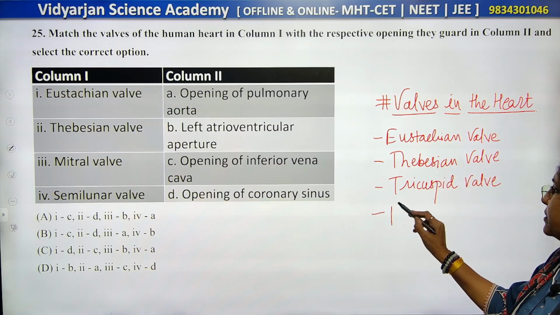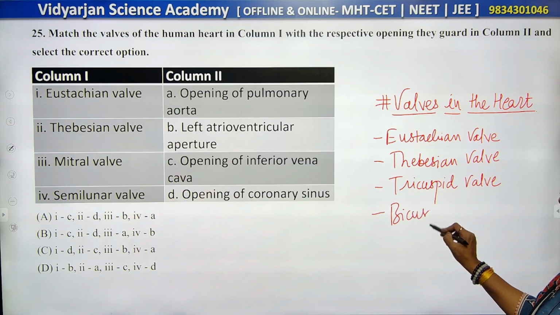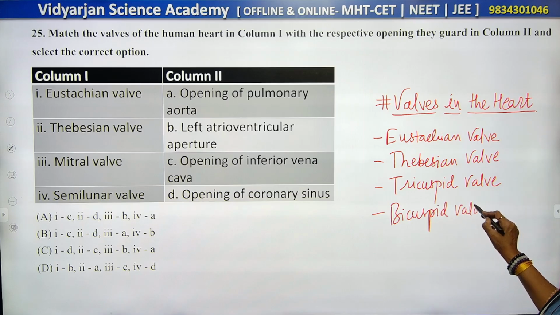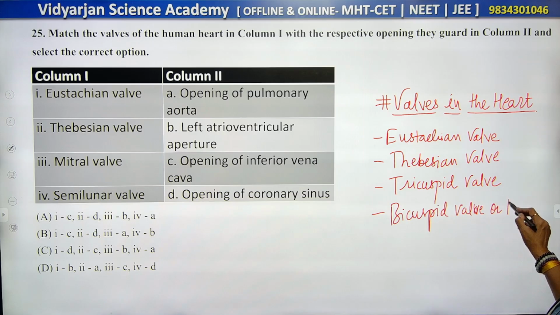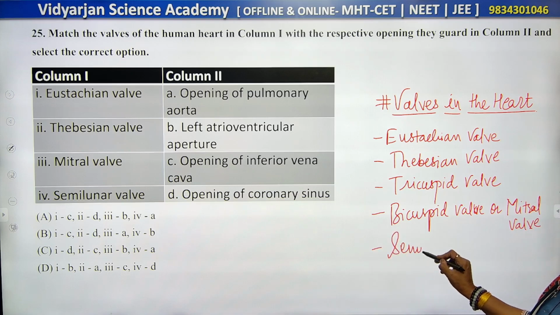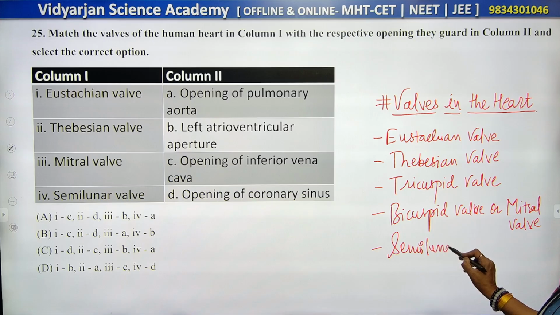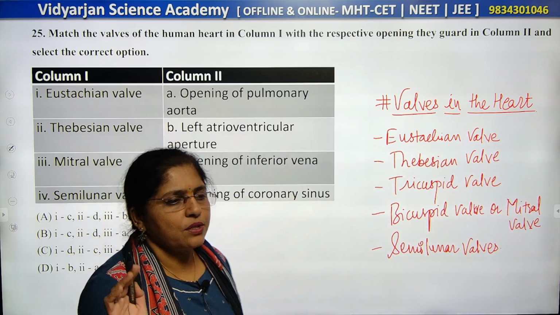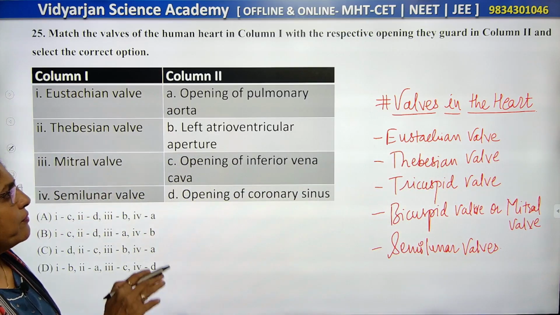And we have bicuspid valve, or this is also called mitral valve. Okay, and next is semilunar valves. Students, please note down all the types of valves here.